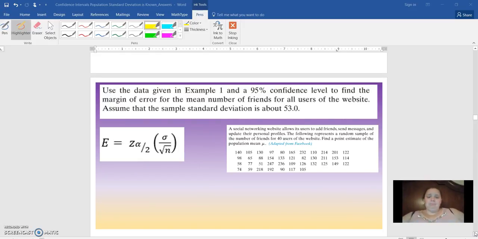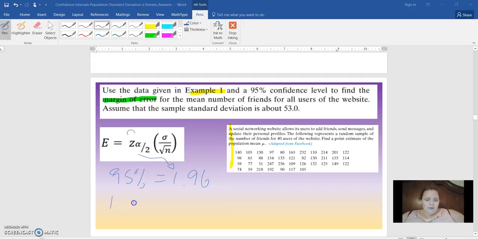All right, so right now, this data from example 1 was this one right here, which is why I put it in list 1, because we might need it again. All I want to do is find the margin of error. According to our table, for 95%, that's 1.96 for Z alpha over 2.